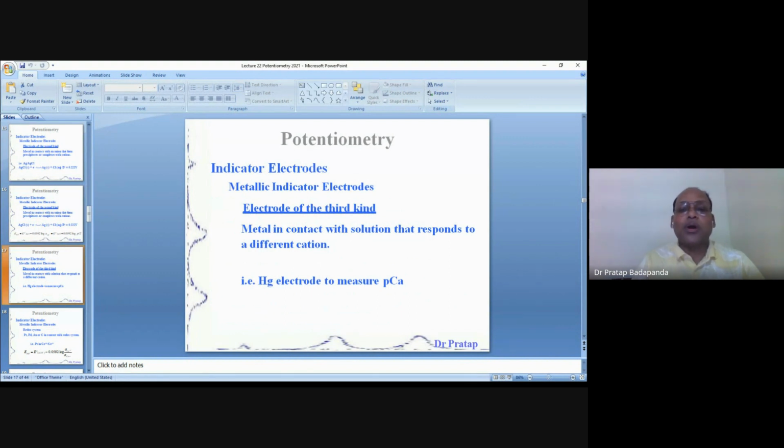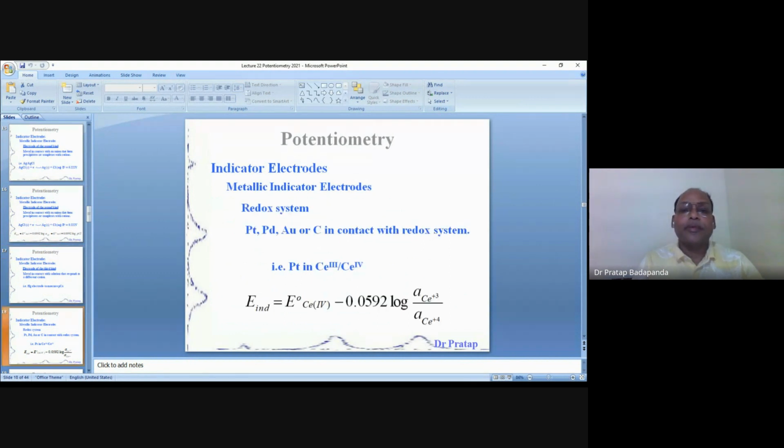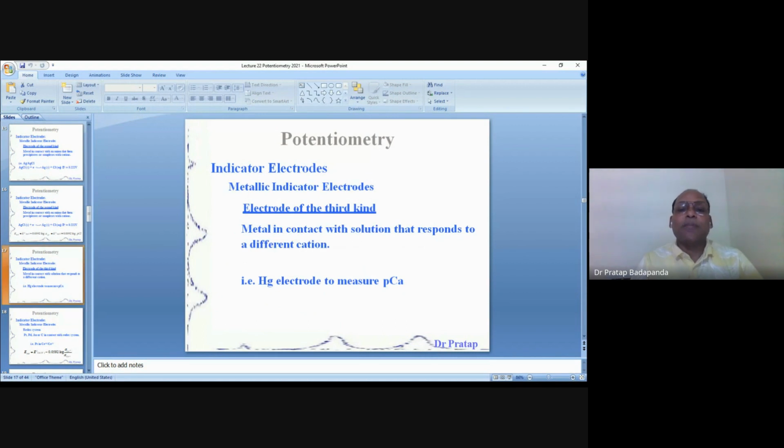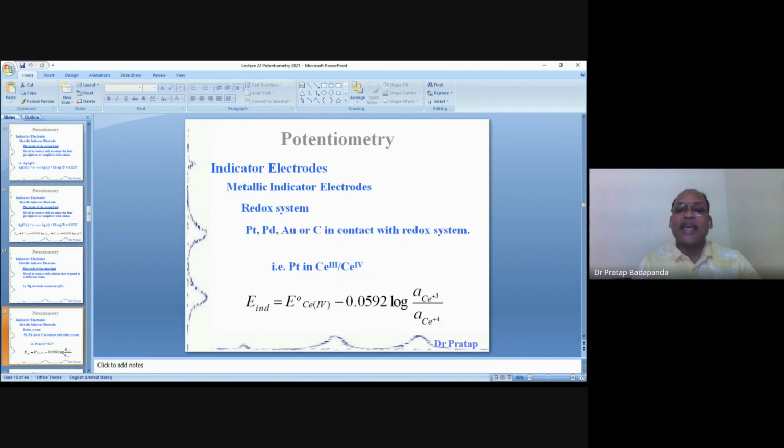It is the third kind, metal in contact with a solution that responds to different cations. So here is a mercury electrode to measure the potential of calcium. Now metallic indicator electrodes for redox systems: platinum, palladium, gold, carbon in contact with a redox system.